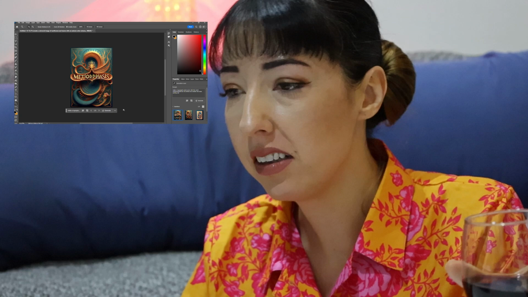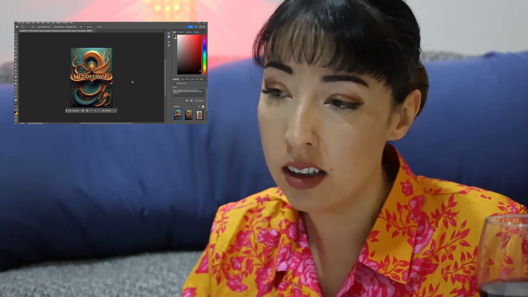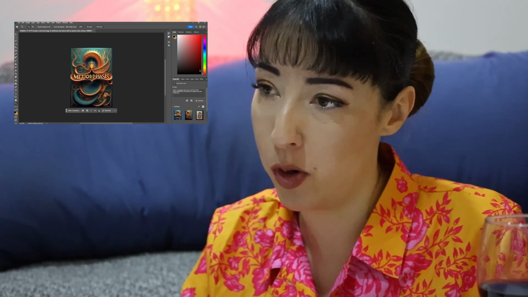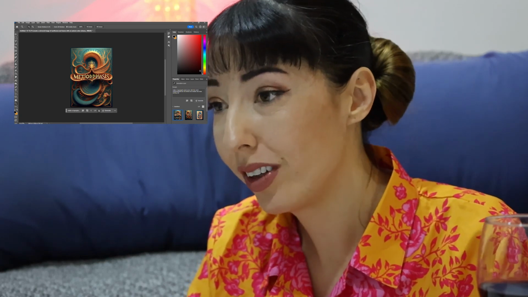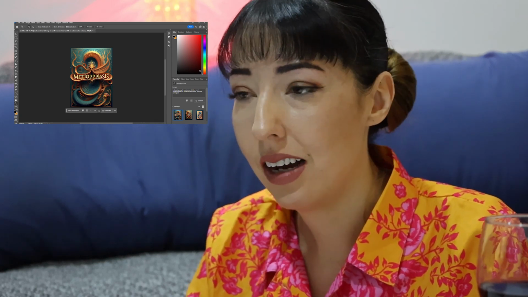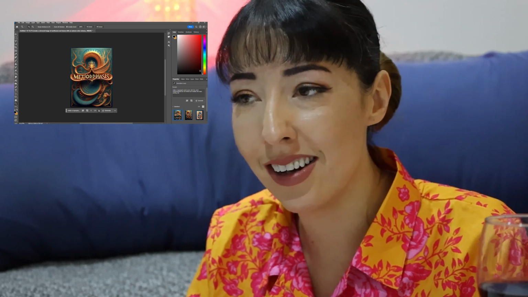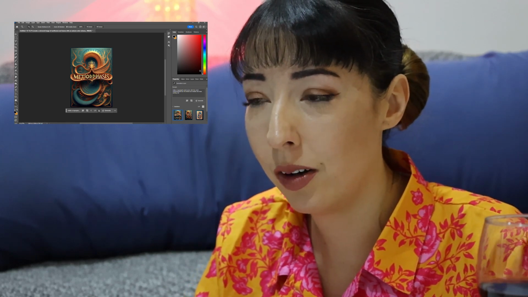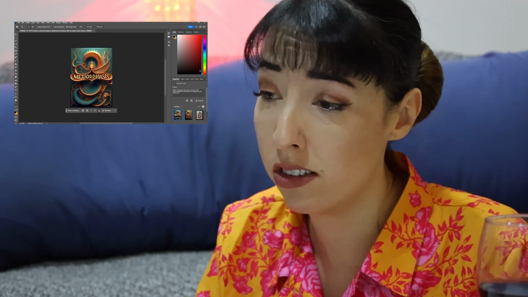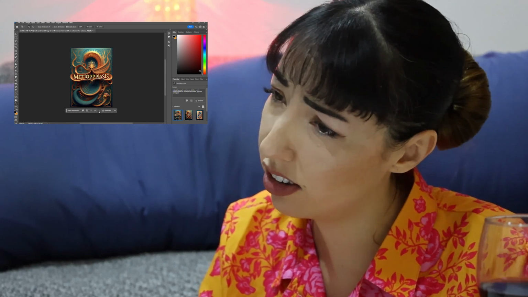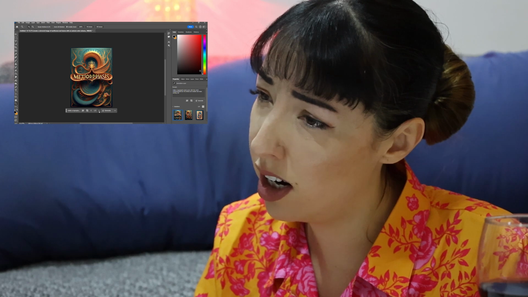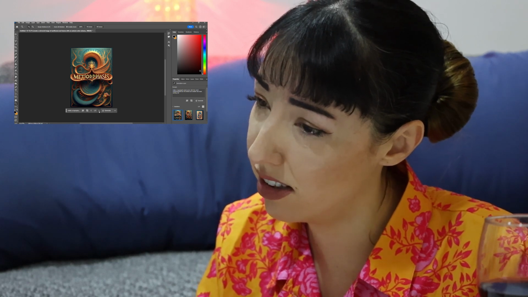I guess this wine is hitting me. It didn't do what I said. That is definitely not minimal. The style isn't minimal. I don't quite know what I'm looking at. It says metamorphosis on the cover. Actually, no, it doesn't. Metamorphosis.